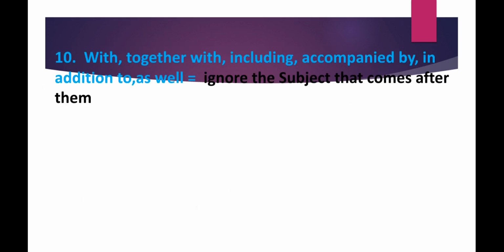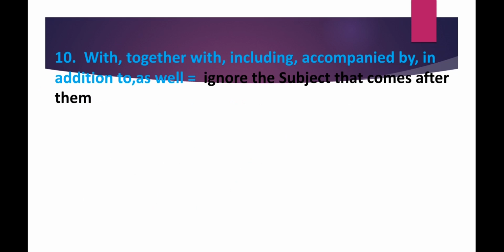Now expressions such as with, together with, including, accompanied by, in addition to, as well as. If you come across these expressions, keep in mind to ignore the subject that comes after them, that comes after the word with. If any subject comes after them, just ignore it.